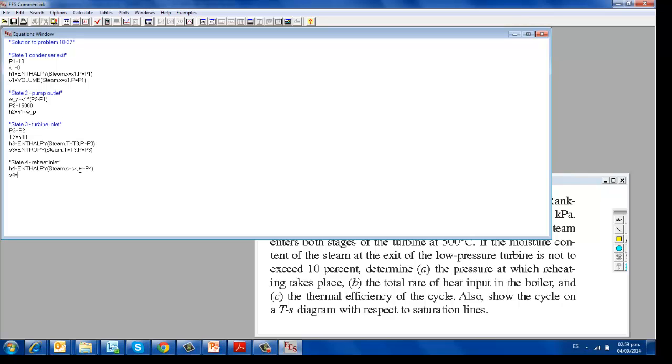S3 equals S4. That's everything that we know. Go to state 5.